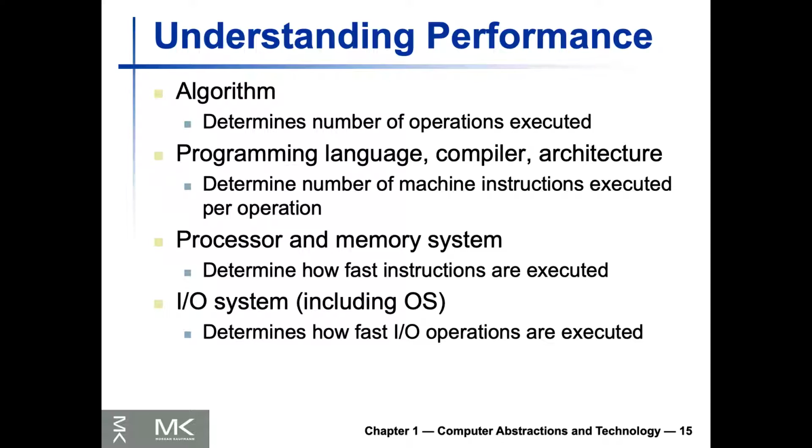And we were trying to understand and set in stone some different methods to understand performance at the algorithmic level, at the programming language or compilation level, at the processor level, and at the input and output or operating system level, right?